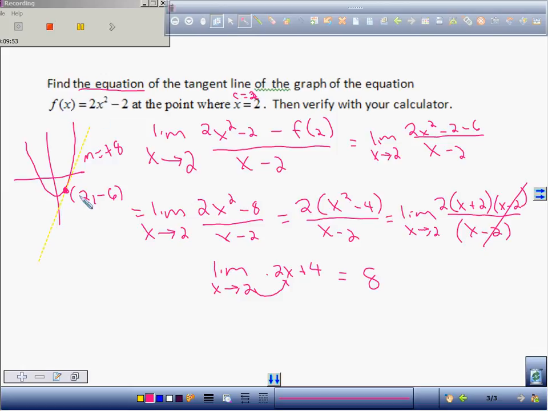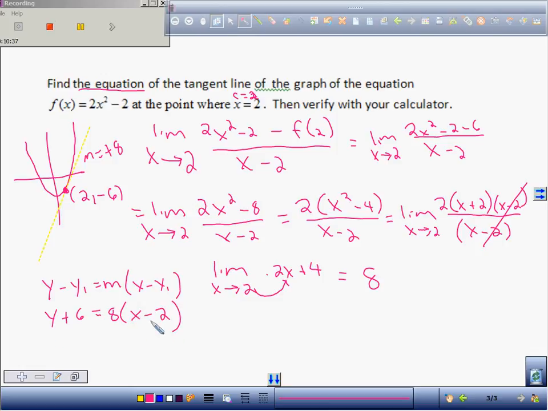In this case the slope is the derivative, and the point is the point where you want to find the equation of that line. So in this case, y minus 6 equals m, which is 8, times (x − 2).